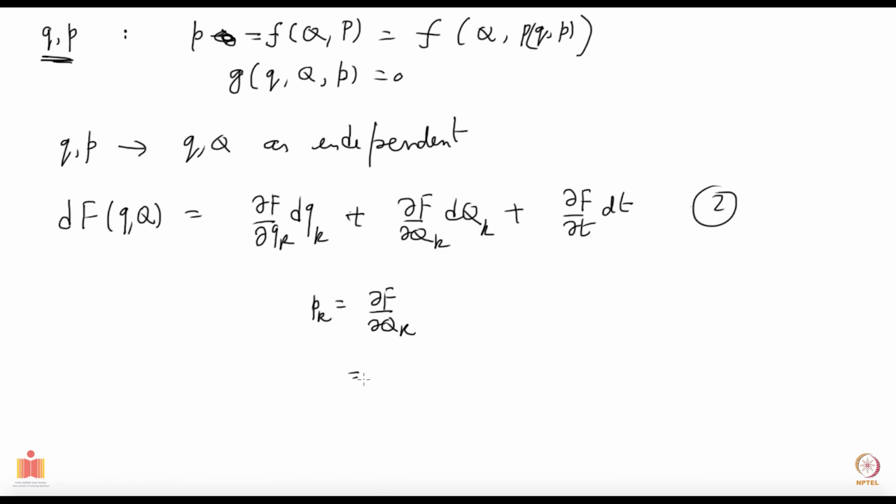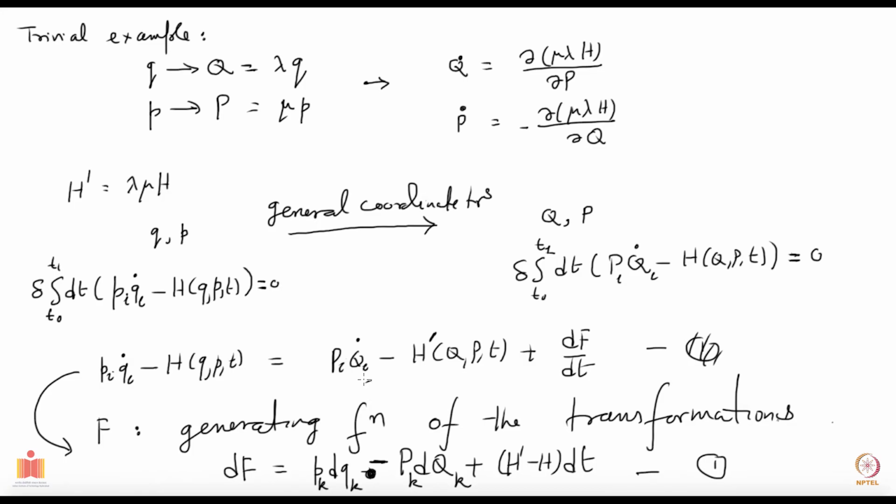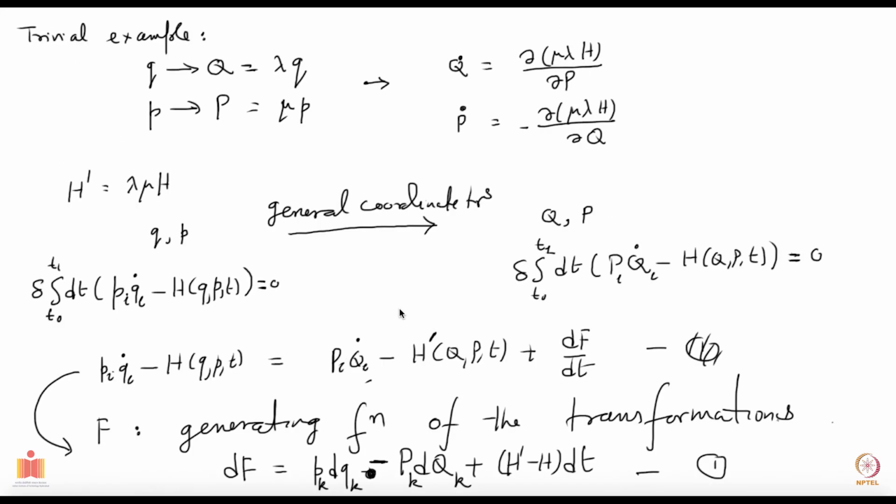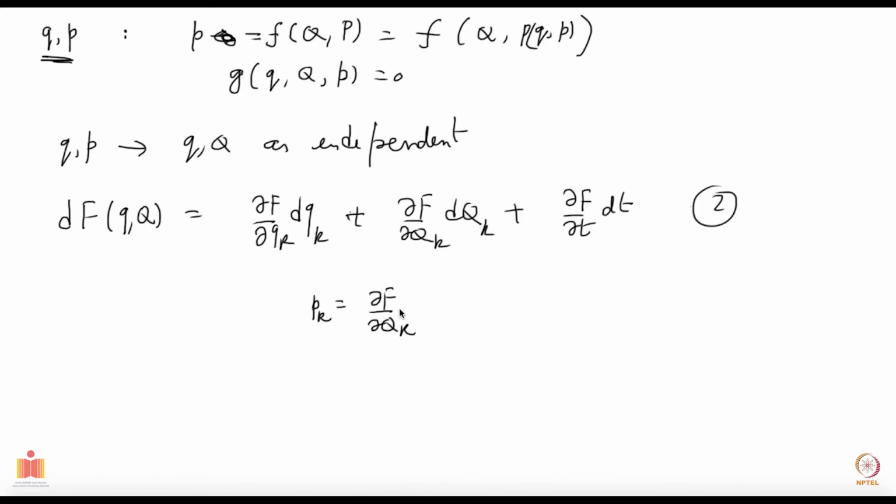Something wrong? Yeah, it's wrong. So okay, del f over del small qk, then you have del f over del capital Qk, which we saw to be minus capital P.